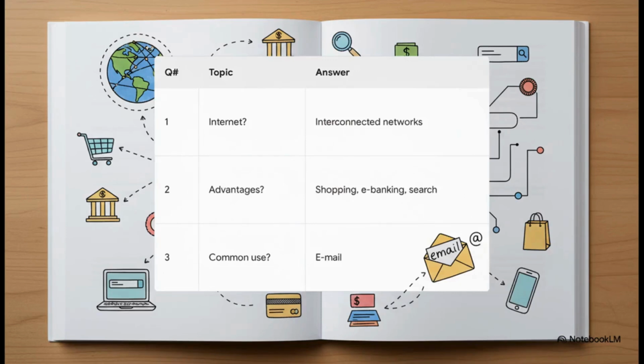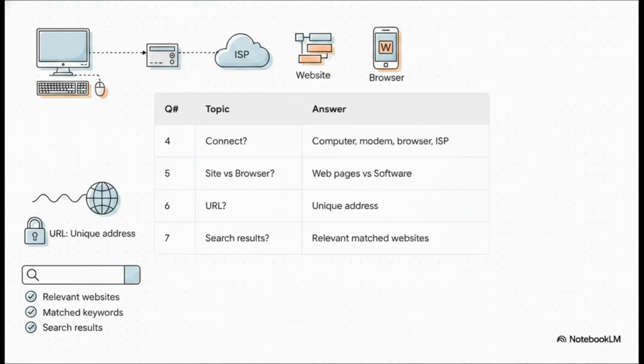Number 1, the Internet is a global system of interconnected networks. Number 2, 3 massive advantages are online shopping, e-banking, and searching for information. And number 3, the most common use globally is definitely email. Continuing on with these, remember your 4 vital connection tools are a computer, a modem or data line, a browser, and an ISP.